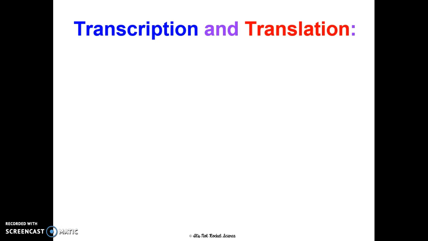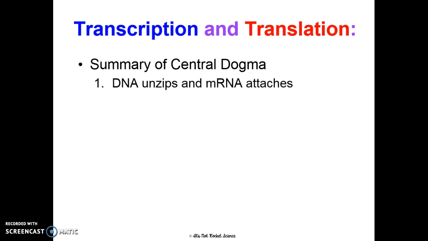Okay, let's see if we can go through a summary of the central dogma. So, at the very beginning of transcription, DNA unzips and a complementary mRNA strand attaches to the DNA.